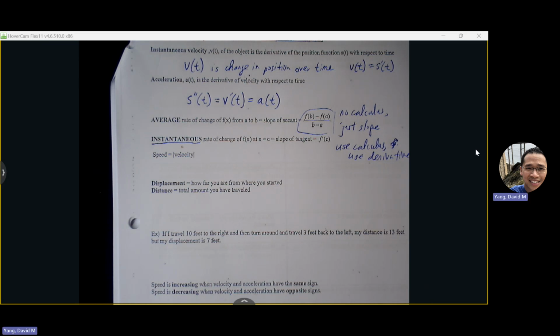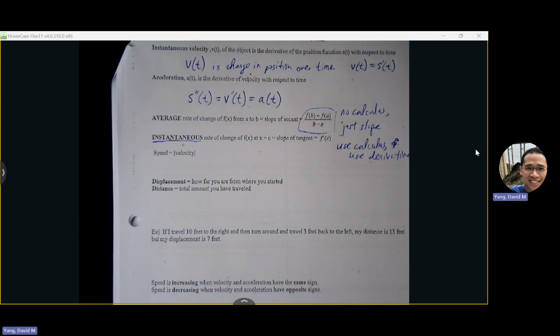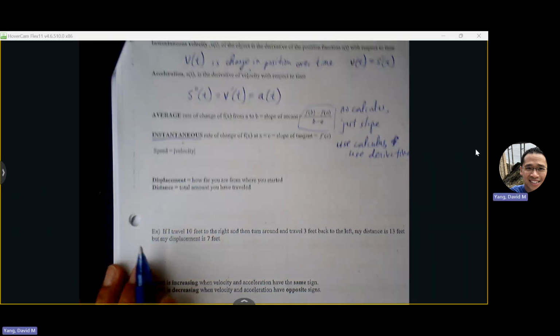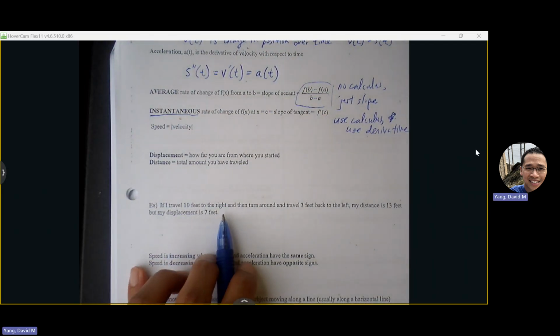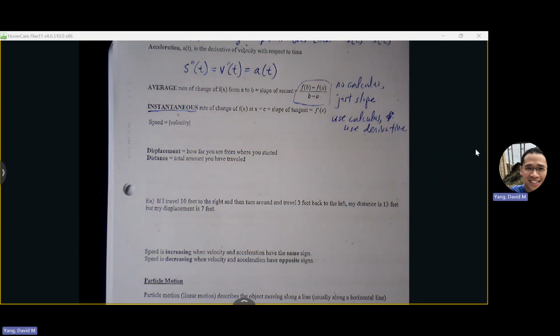Okay, displacement is how far you are from where you started, and distance is the total amount you have traveled. So if the object goes back and forth, we're counting all of those as positive values. For example, if I travel 10 feet to the right and turn around and travel 3 feet back, my distance is 13 feet, but my displacement is 7 feet.